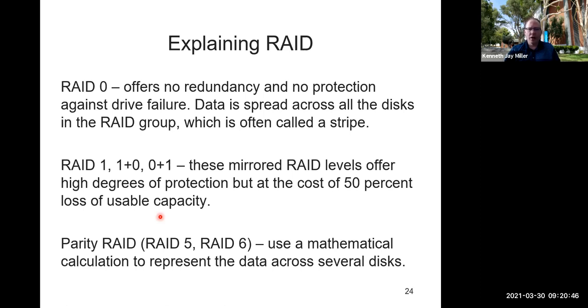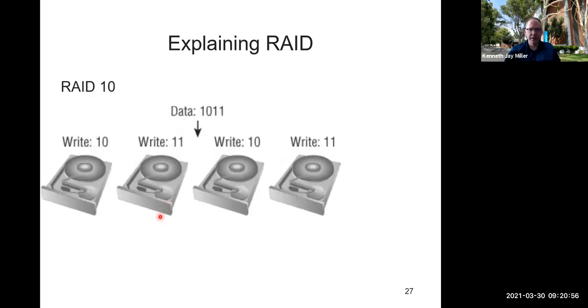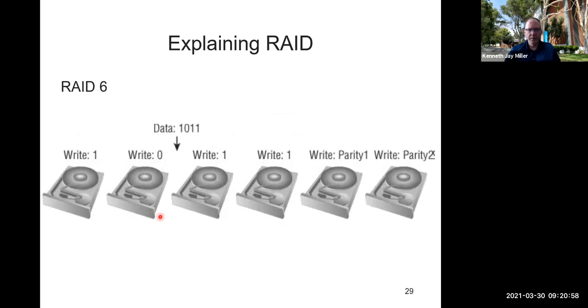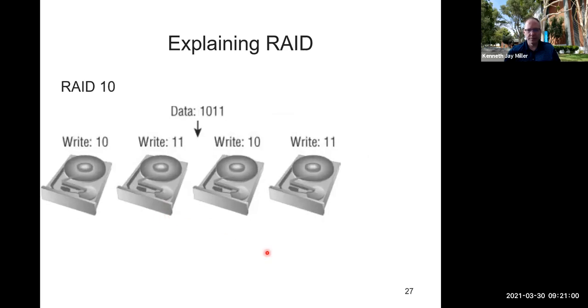Now, it offers the highest degree of protection, but it's going to cost us, we need twice as many hard drives. Okay, so RAID 1, and I don't have 1 and 0, but just assume that in the middle here, let's just say we only have these 2 disks.